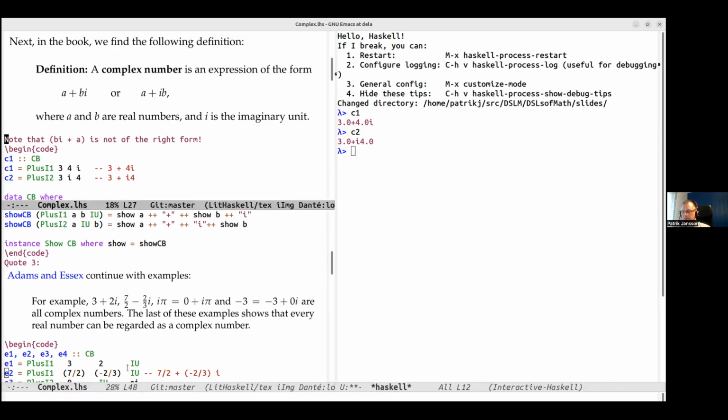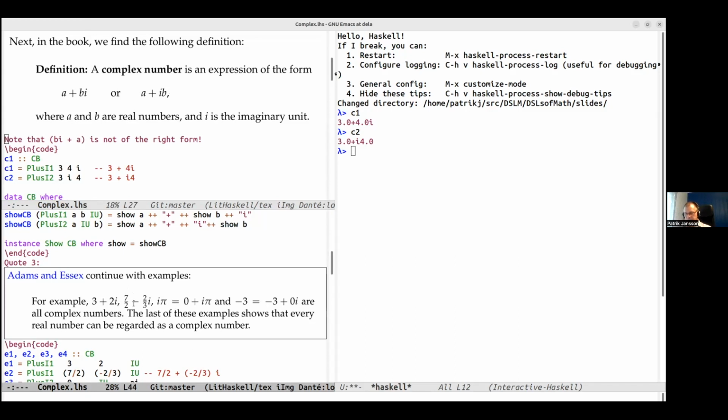But it's a bit tricky that they actually don't include the minus sign in the definition of complex numbers. So I think this is an example of a math author who has not really thought about the difference between syntax and semantics. It sounds like they're introducing a syntax here, syntactic plus sign, the order of b and i, and so on. But in fact, that's not what they mean.